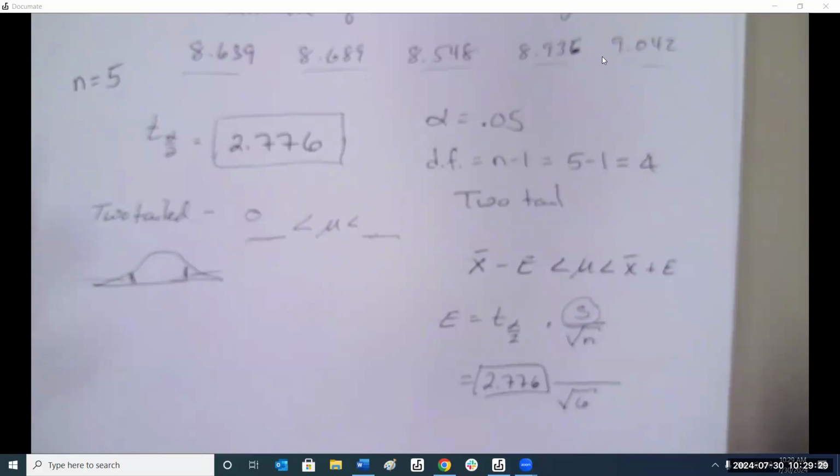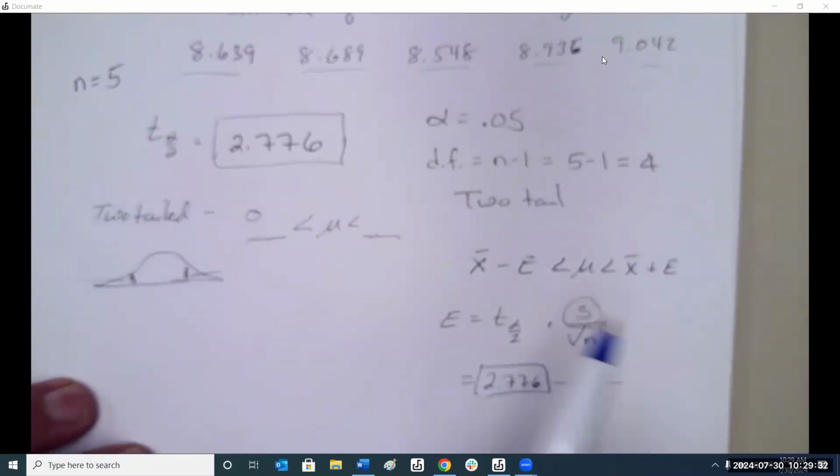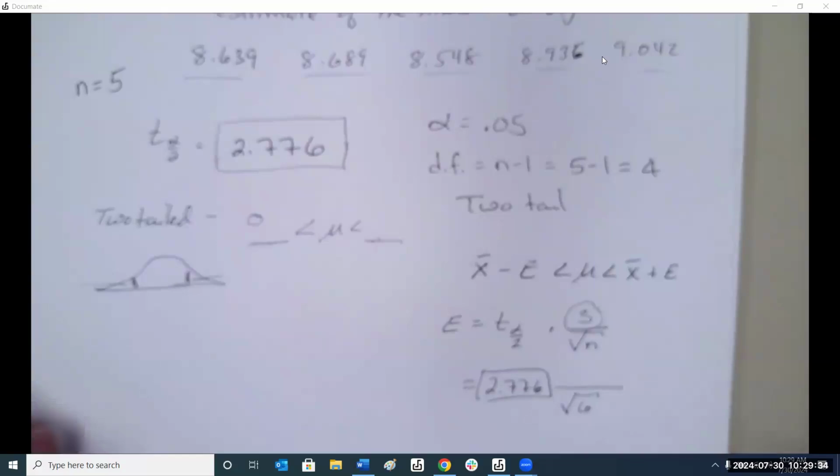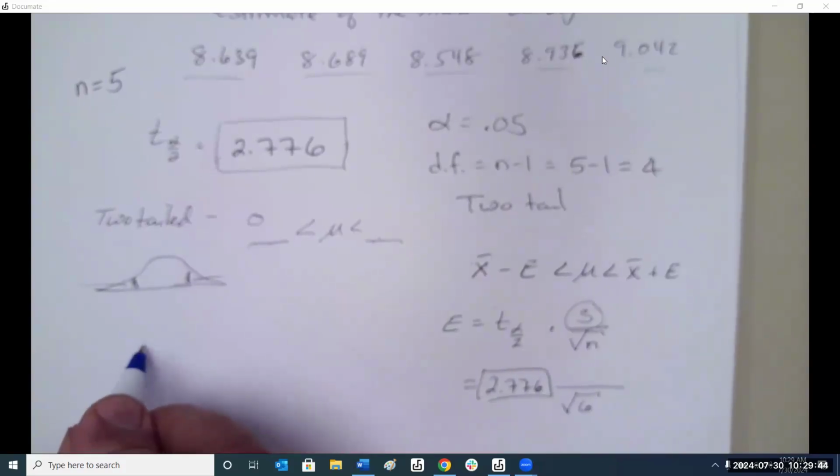We can find the standard deviation of these numbers. How do you find the standard deviation of a set of data? Remember the formula?